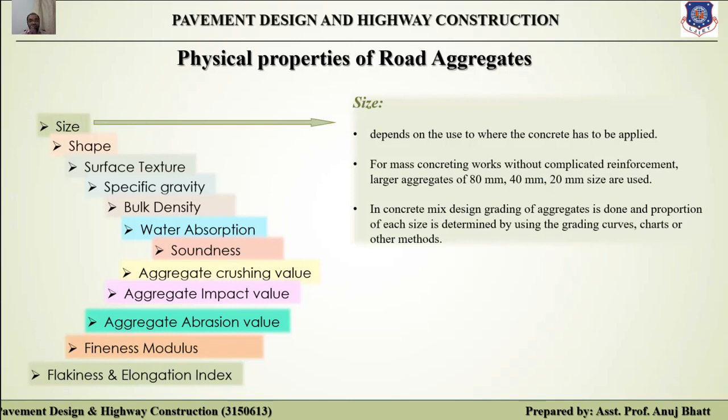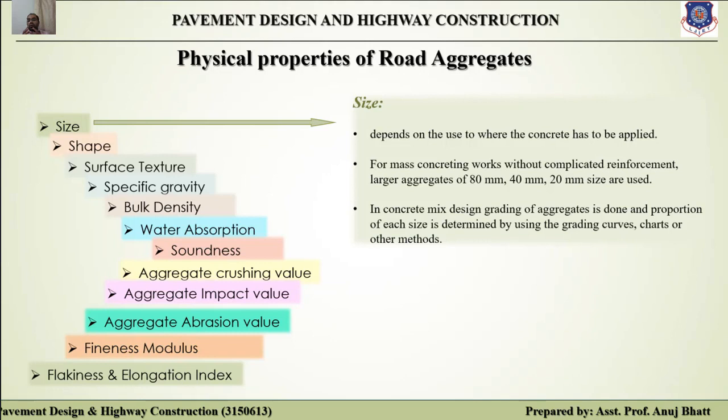For ordinary construction of residential or commercial buildings, 20 mm is the maximum size that we use for the aggregate. Otherwise, we use the 80 mm, 40 mm, 20 mm sizes.